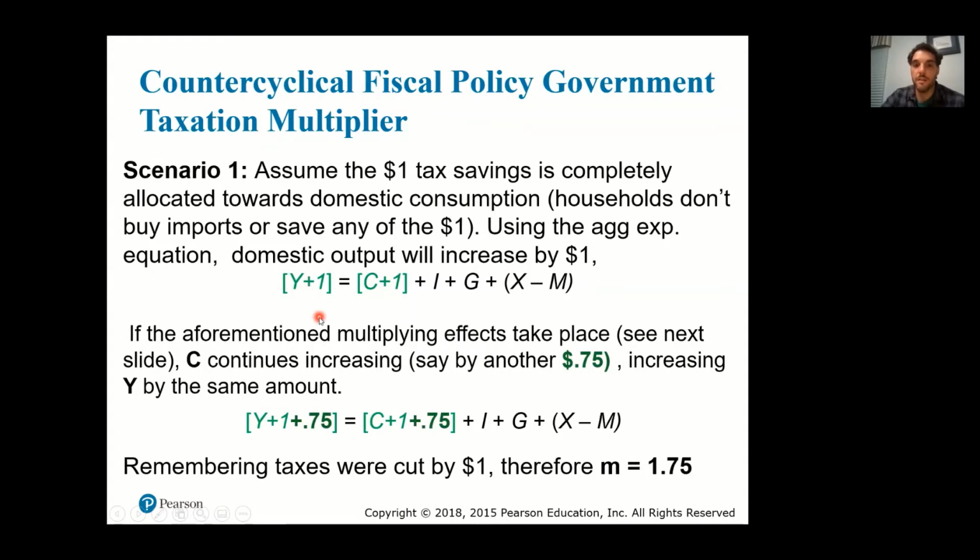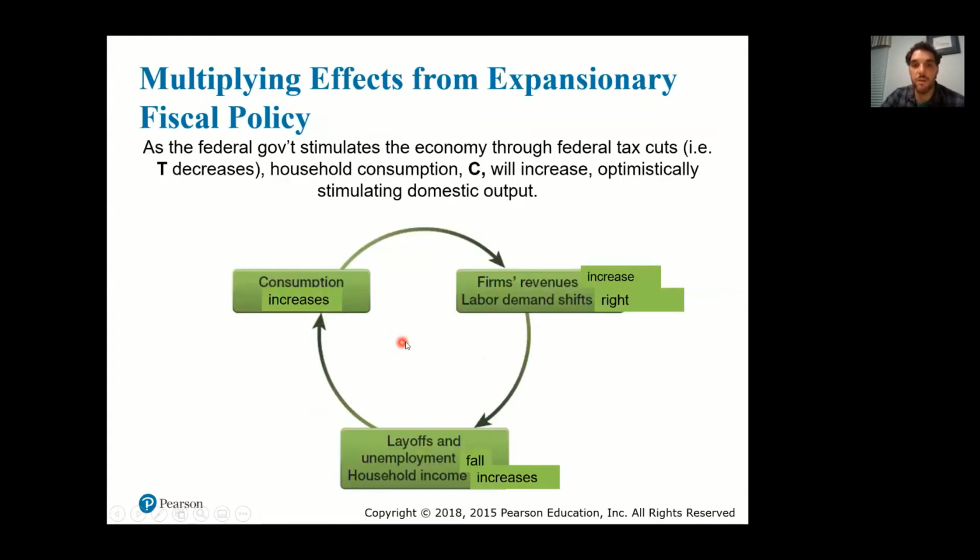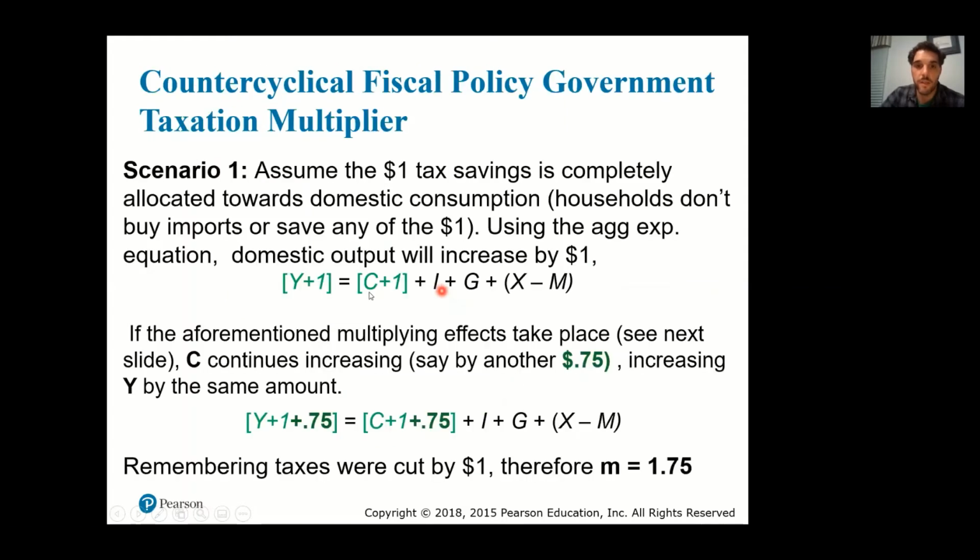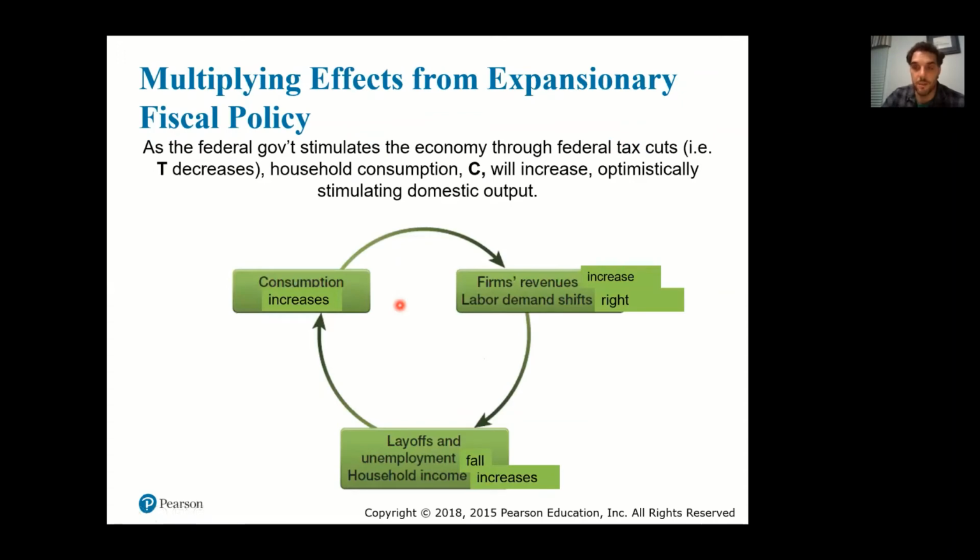And then using the same multiplying effects that we saw before, if domestic consumption goes up by $1, then domestic firms' revenues are again going to increase, which incentivizes them to hire more workers, and you see that through an increase in the labor demand curve. This is going to stimulate households' incomes, giving them more income to be able to spend on even larger increases in consumption.